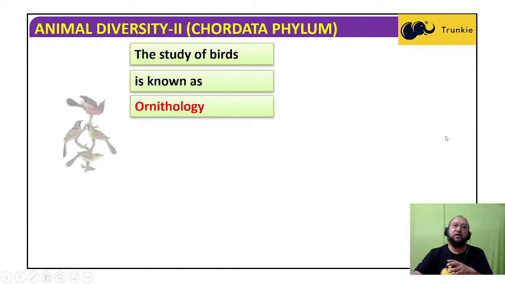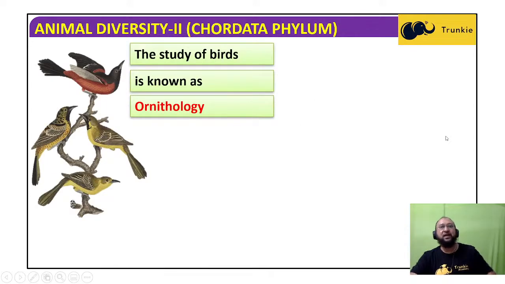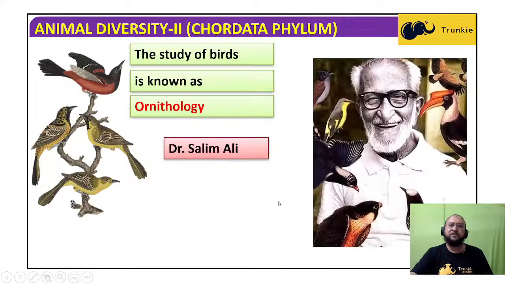The study of birds is known as ornithology. It's like the study of fishes, which I told you is ichthyology. The study of amphibians is called batrachology, and the study of reptiles is called herpetology. The study of aves or birds is known as ornithology. Dr. Salim Ali is the father of ornithology in India.